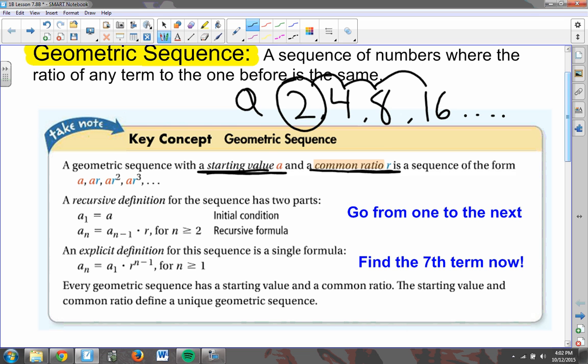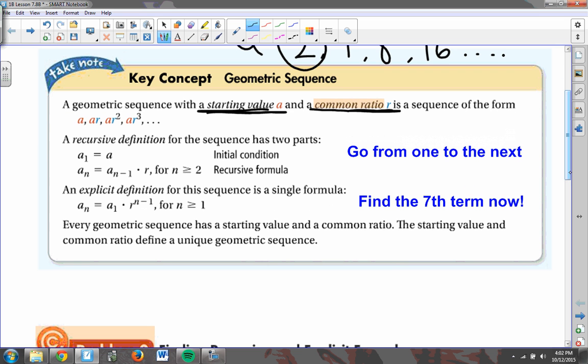Now, the two formulas that we can write for any geometric sequence, one is called a recursive formula or recursive definition for a sequence. All right? And that one has two parts. So you have to tell me two things every time you write a recursive definition for a geometric sequence.